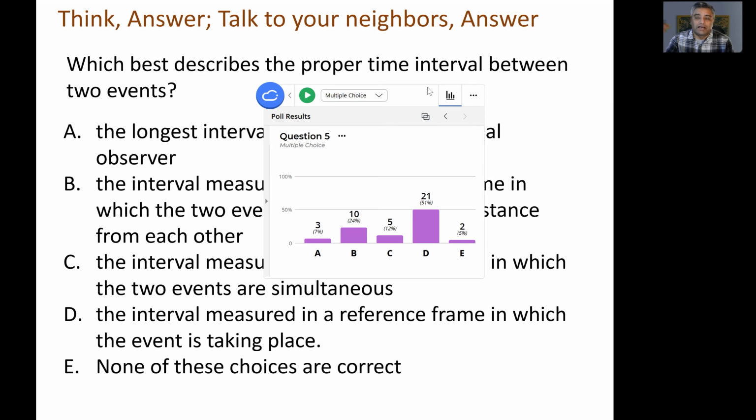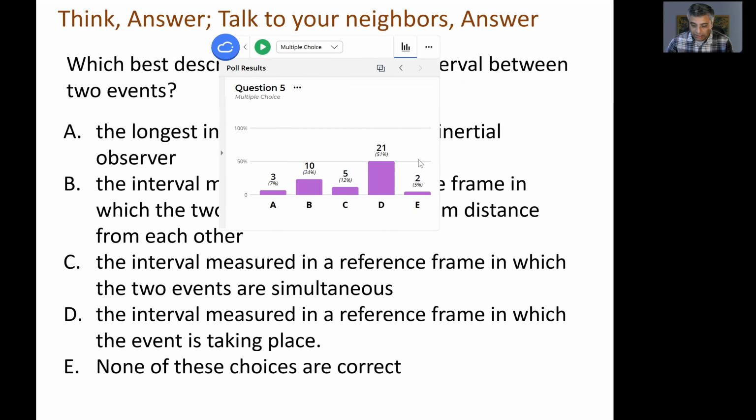So let's say one frame of reference could be here, another frame of reference could be in another galaxy, and as long as they are moving with the same speed with respect to each other, what happens? They are the same frame of reference, so there is not going to be a difference in time. So D seems to be the correct response here.